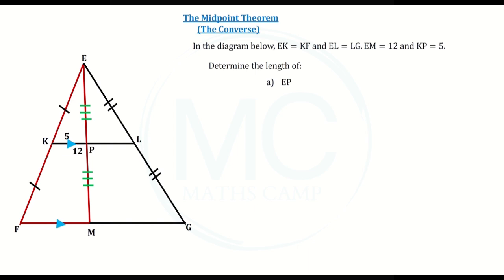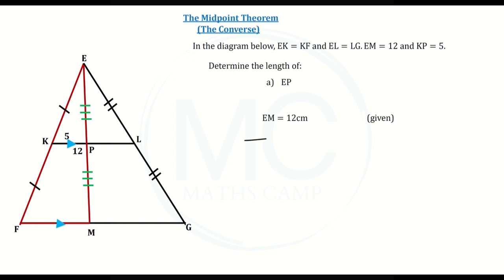So let's make some space. We know that EM is 12 centimeters. So we can make the statement that EM is equal to 12 centimeters. And this has been given to us in the question. P is the midpoint of EM, which means that not only is EP equal to PM, but EP must be half the length of EM.